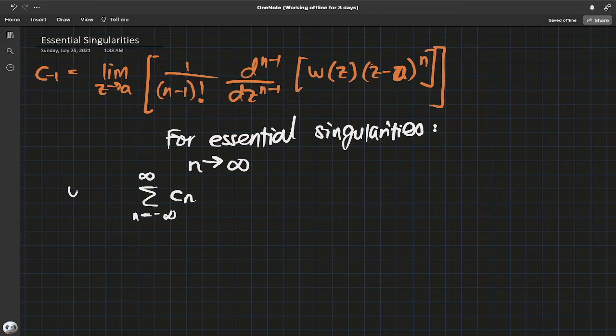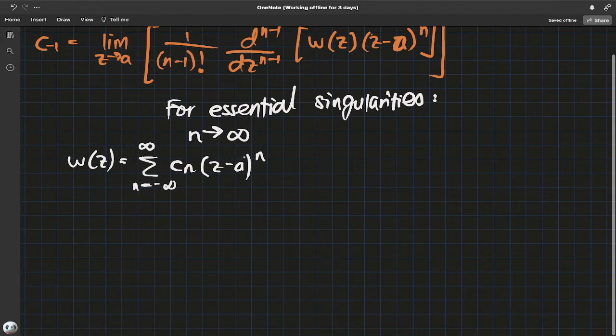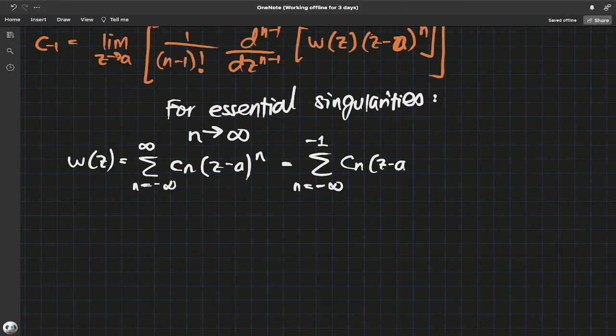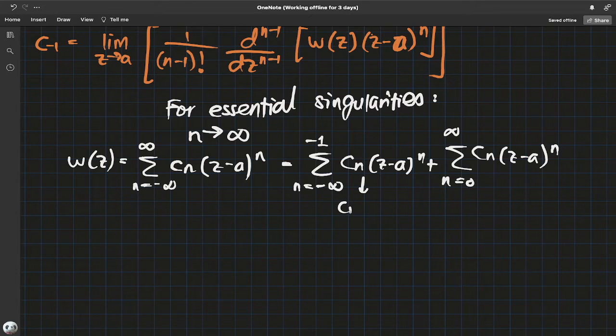Whatever you do, you may or may not have all the positive terms, but you sure have all the negative terms. So the c sub n in this case will never be 0.